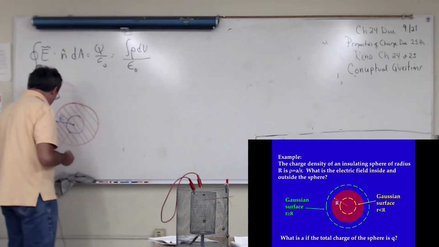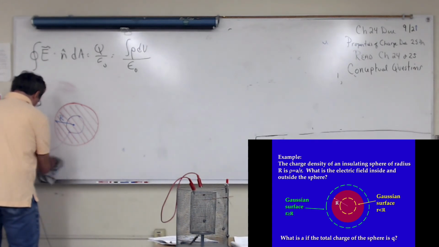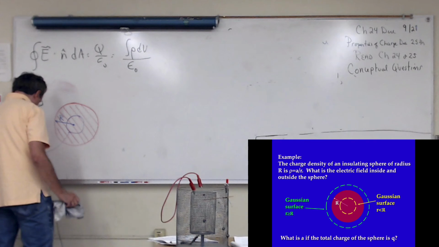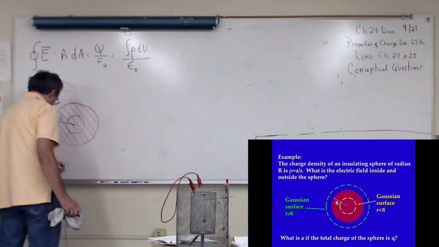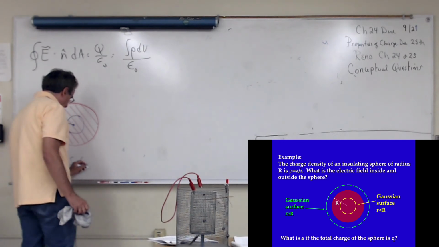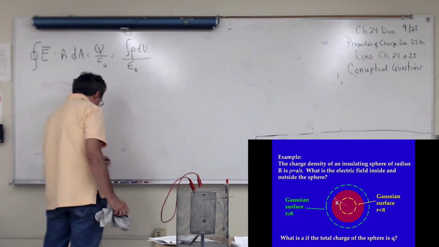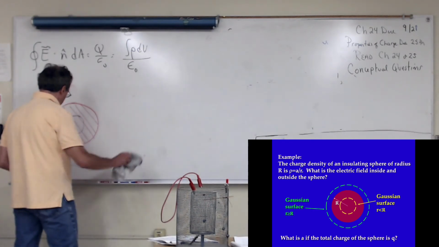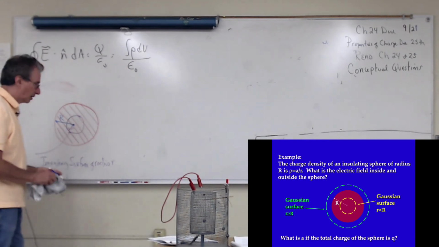So that's my imaginary surface, of radius r. Some arbitrary radius r.